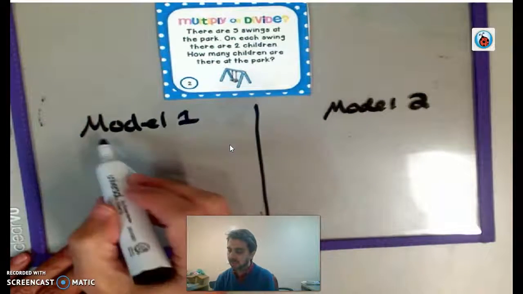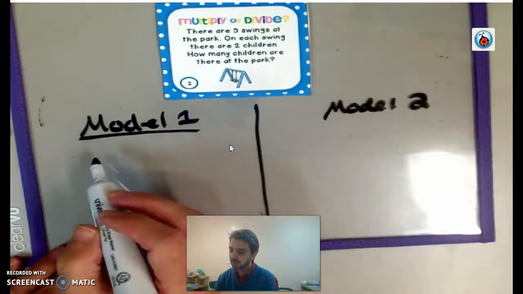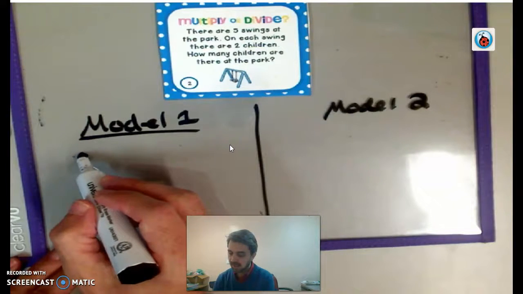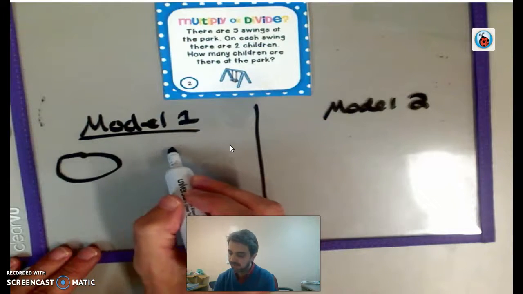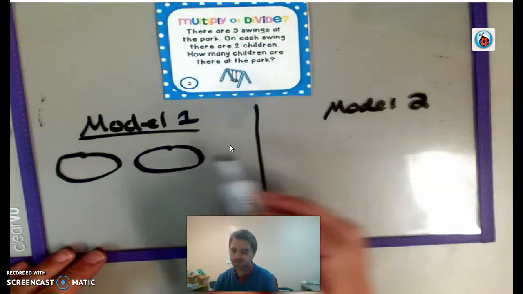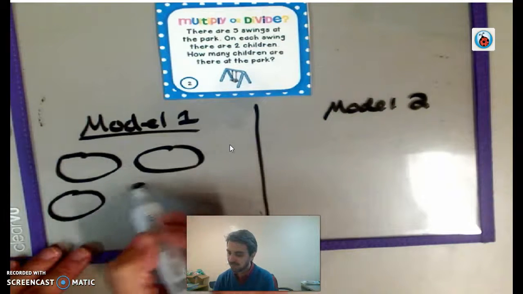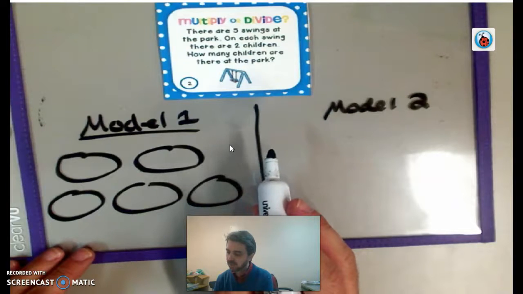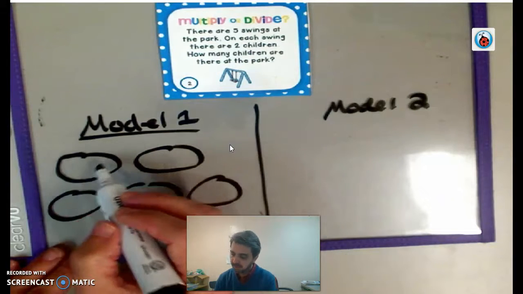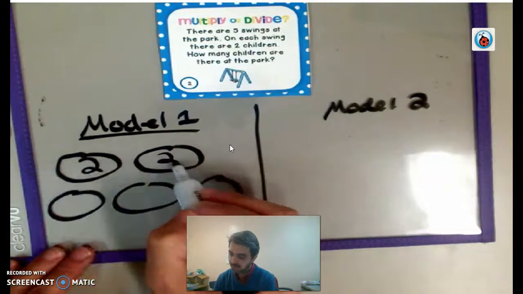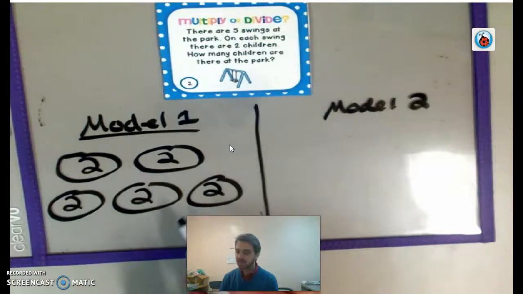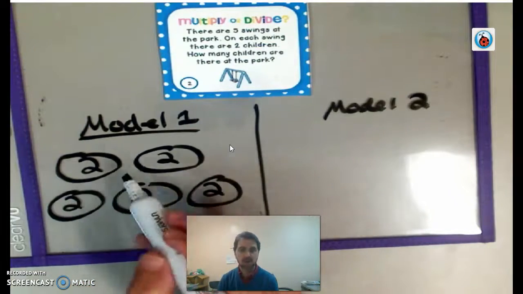One way I could do it is equal sets of equal groups. There's 5 swings, and on each swing there are 2 children. So put 2, 2, 2, 2, and 2. I can see that's a model that represents that.